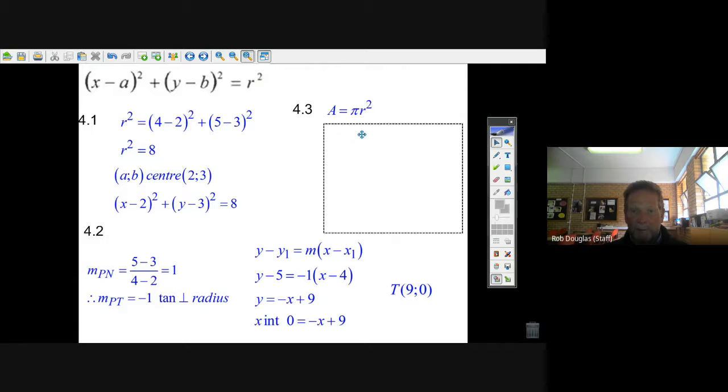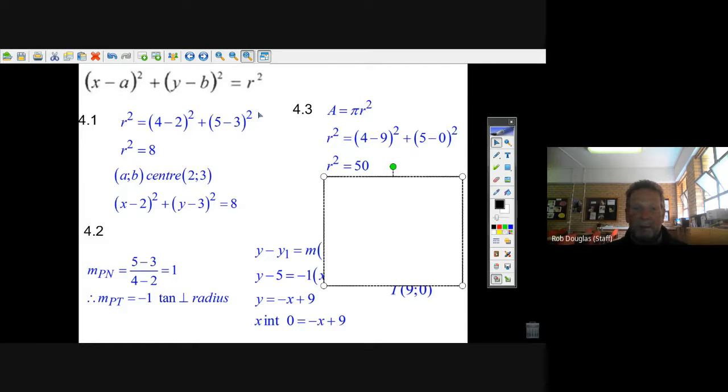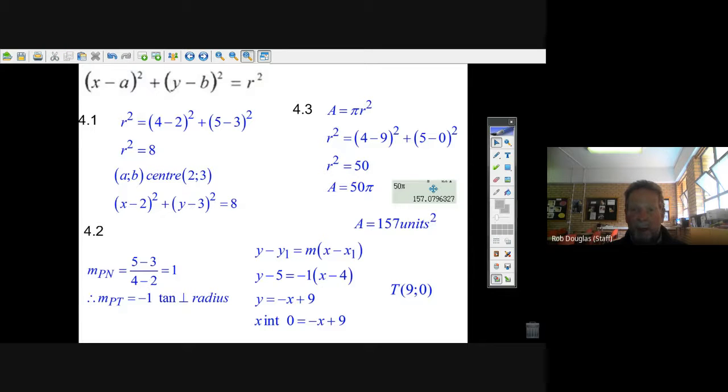Just use the distance formula: 4 minus 9 squared plus 5 minus 0 squared, and you get 50. I don't need the square root, because r squared is what fits right in there. So r squared is 50, and the area is 50 pi. My calculator tells me 50 times pi is 157 and a little bit, so to the nearest whole number, the answer is 157 square units.